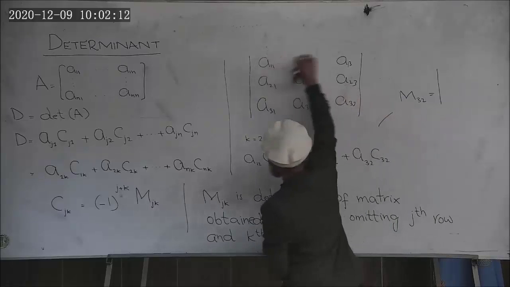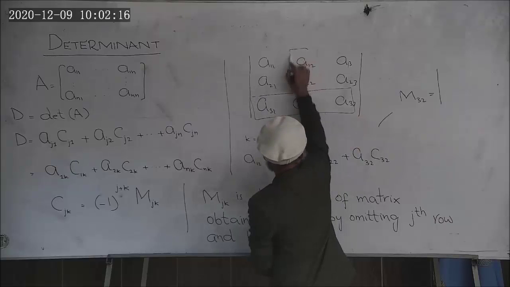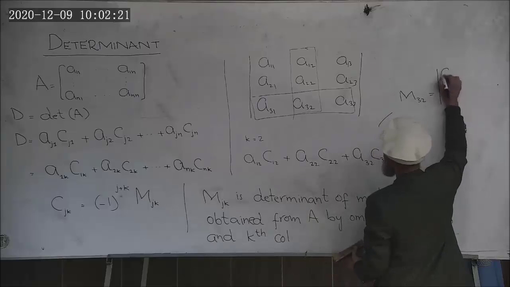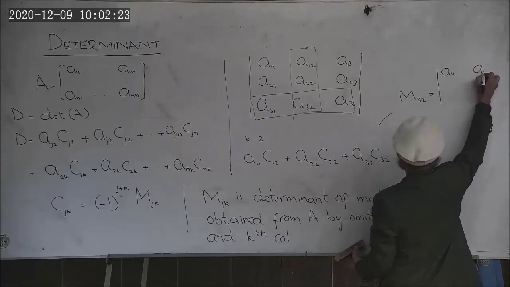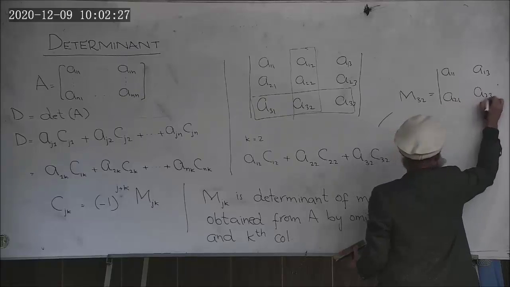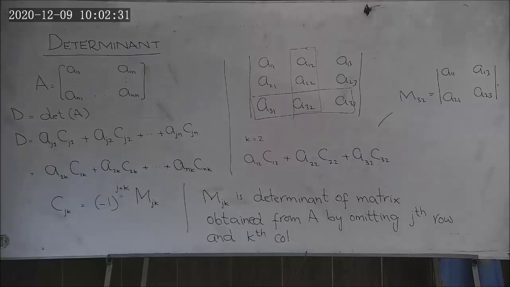The third row is this row, we omit this row and the second column. So you already know that. However, the only difficulty is that we are writing it in a general way for a general n by n matrix. So is it clear?